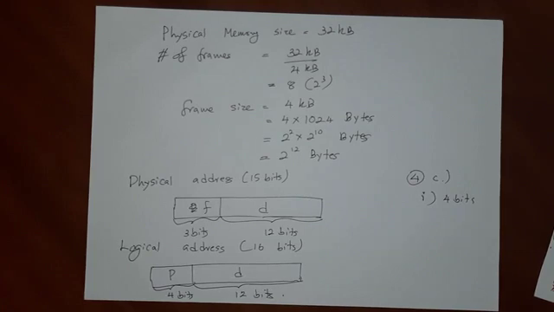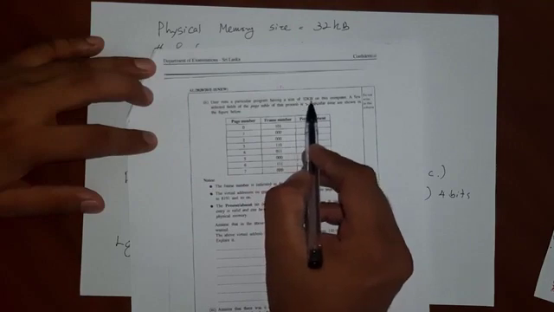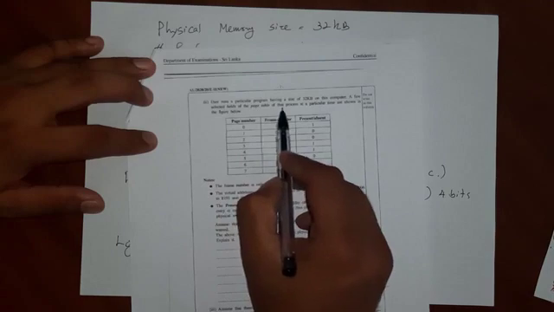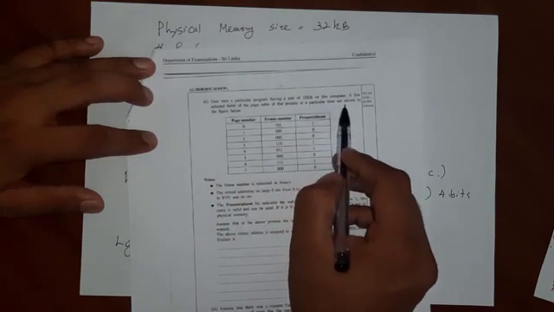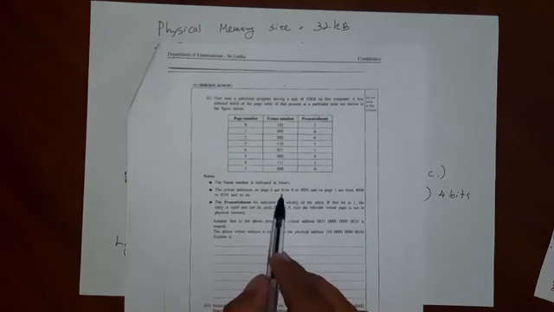The second part. A user runs a particular program having a size of 32 kilobytes on this computer. A few selected fields of the page table of that process at a particular time are shown in the figure below. You can see the page table. The frame number is indicated in binary. The virtual addresses on page 0 are from 0 to 4095, and on page 1 are from 4096 to 8191, and so on.